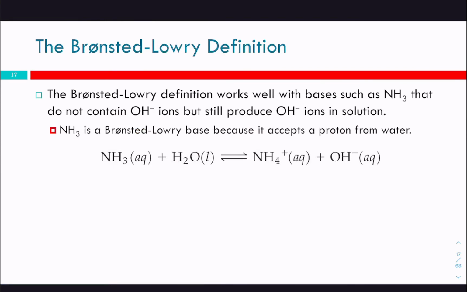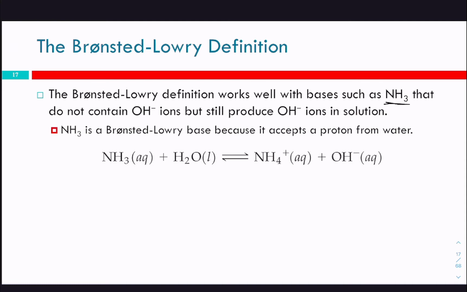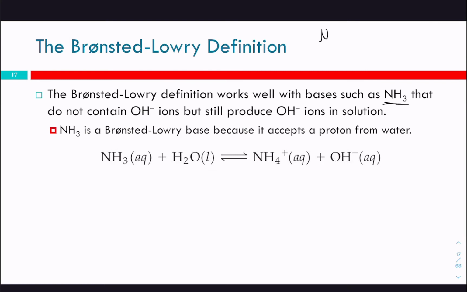Switching over to bases again, the Brønsted-Lowry definition works well with bases like ammonia, because other bases that we mentioned before, like sodium hydroxide or calcium hydroxide, have OH minus ions, hydroxide ions, so you can see those. But ammonia acts like a base even though it doesn't have hydroxide as a part of it.